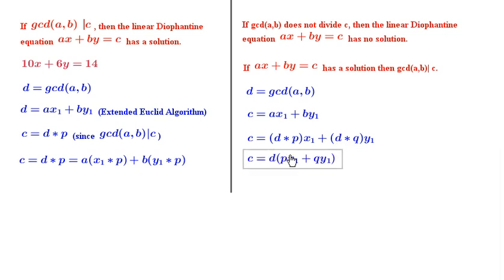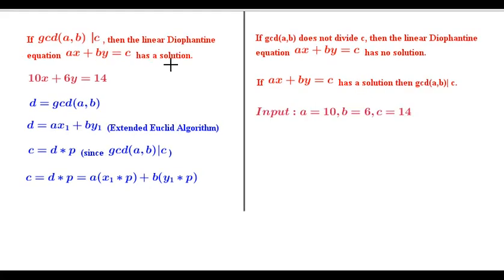If we simplify, ultimately we get c = d times some integer. So we can say that GCD of a, b divides c, because c is a multiple of d and d is our GCD. Okay, so before we go further, let's summarize our findings. If we combine these two theorems, then ultimately we get a characterization for these Diophantine equations.